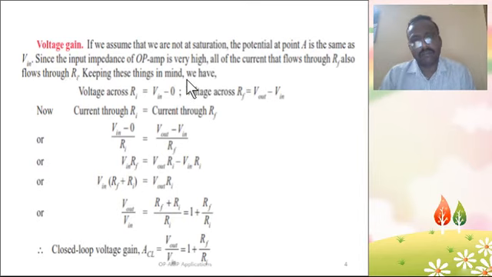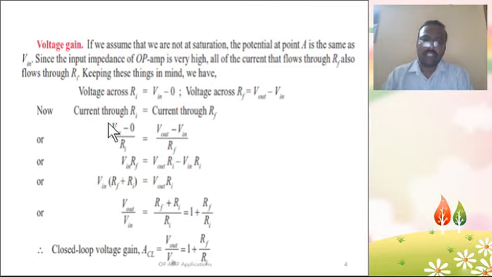So we have voltage across Ri. This means voltage across input resistance is equal to Vin minus 0, voltage across the feedback resistance, in this case Rf, is equal to V naught minus Vin. Now we equate these two. Current through Ri is equal to current through Rf.